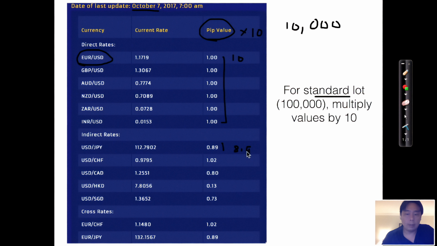Right, and this would be $10.20. Right, just multiply by 10. You understand? Euro franc, this would be $10.20. This will be $8.90. So you can see that for most of the currency pairs, it is straight up $10. All right. So in other words, every 1 pip movement is $10 per lot that you buy. That's what it means, all right?